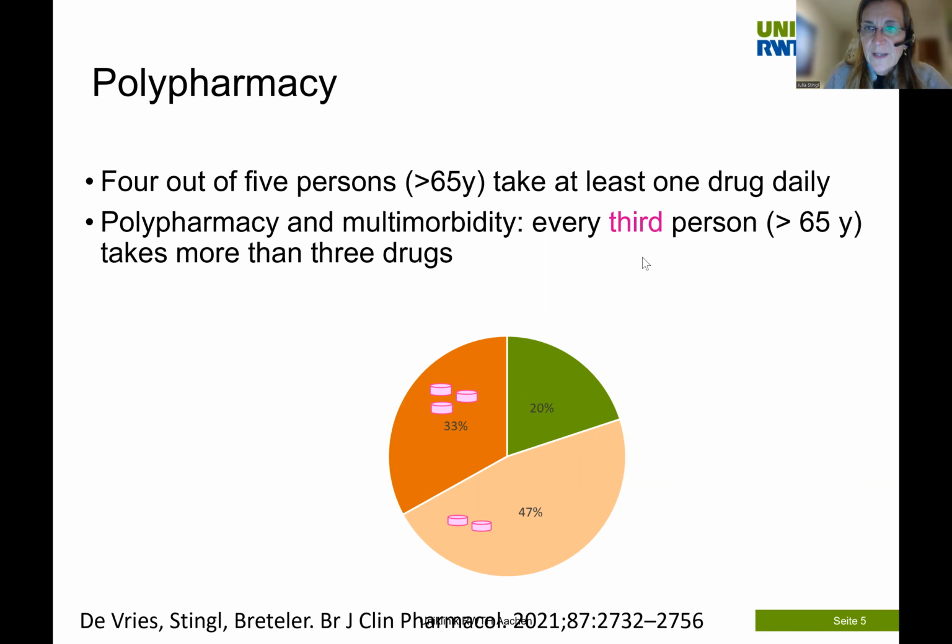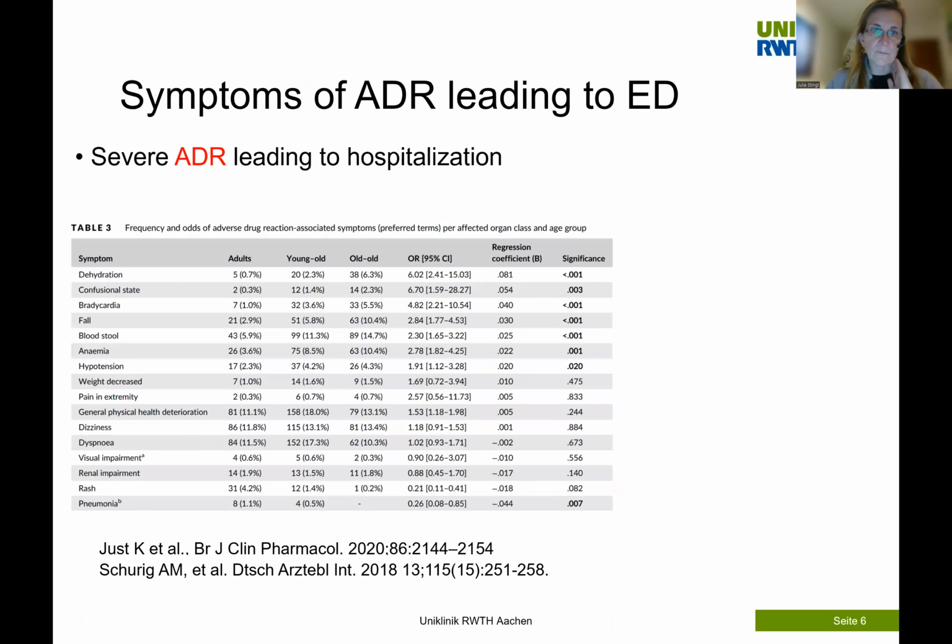So we live in a polymedicated population, especially when we are turning over the age of 60. Elderly people are usually taking not only 1 drug, but many drugs at the same time. And this was also visible in this study of side effects where people come to the emergency visits. They all were polymedicated with a mean of 7 drugs at the same time.